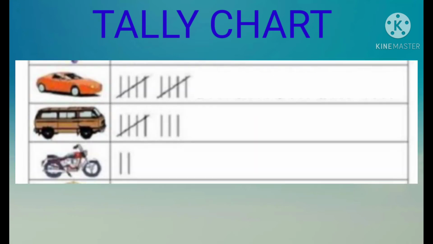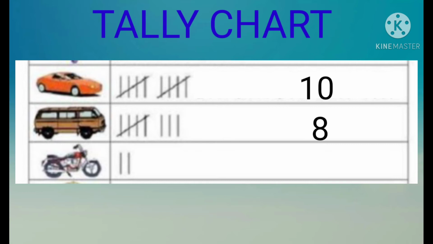Now, 3 boys stand at a school gate for an hour and count the number of cars, vans and scooters that pass by. They record the number of vehicles as shown. So, the number of cars is equal to 10. The number of vans is equal to 8.